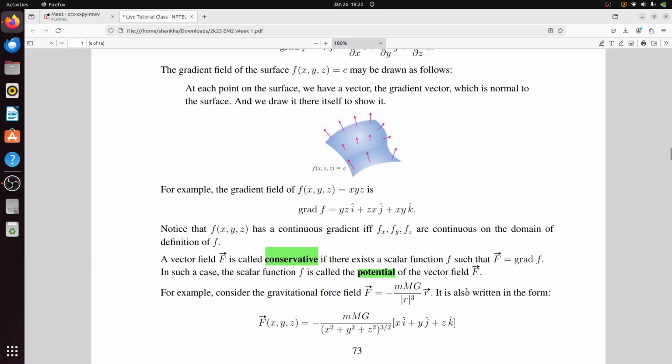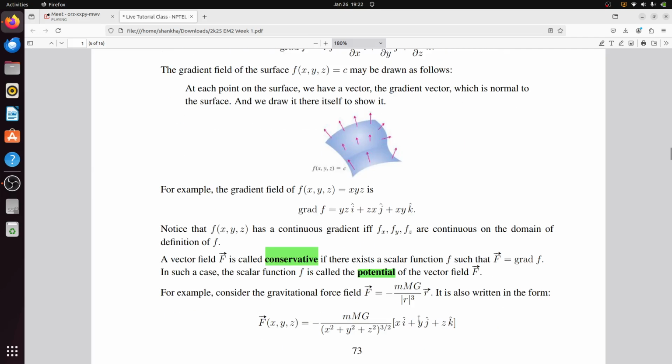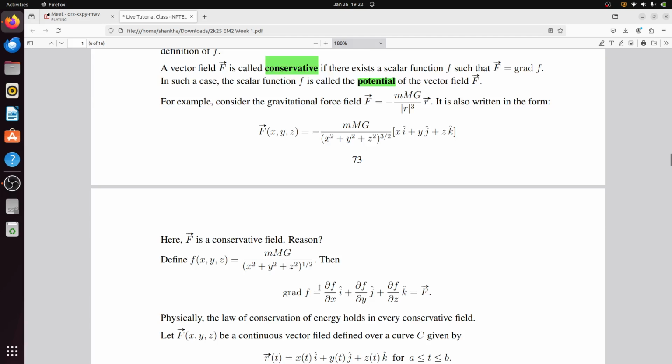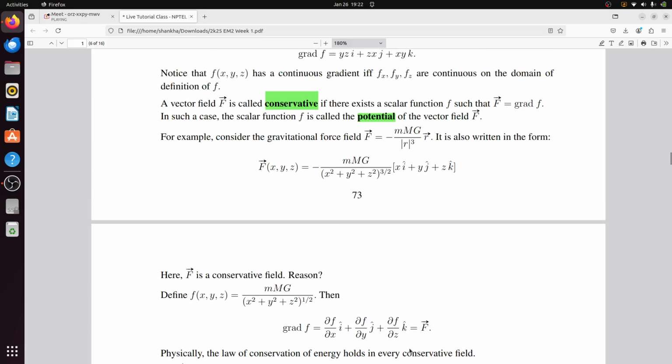So conservative means you can write it in terms of a gradient. I hope you all know what a gradient is: grad f equals del f del x i cap plus del f del y j cap plus del f del z k cap. Also this phi or f function, we call it the potential function. One of the conservative force fields is the gravitational force field, because you can determine the gravitational potential.